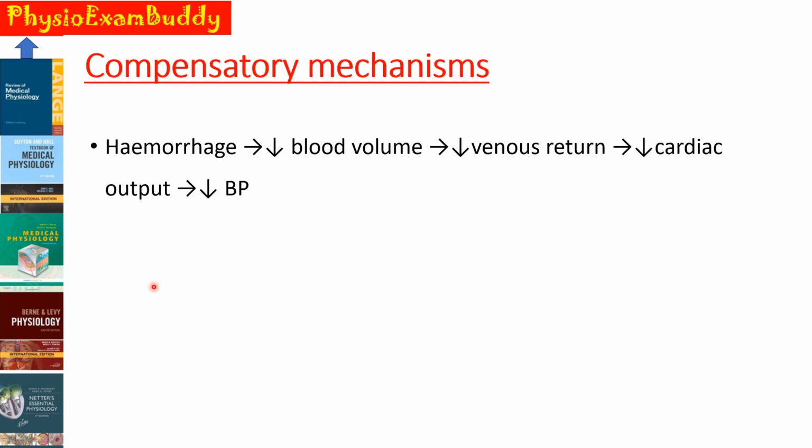Now we will see what are the compensatory mechanisms in the hypovolemic or hemorrhagic shock. The basic problem in hypovolemic or hemorrhagic shock is the hemorrhage, which causes a decline in the blood volume, which decreases the venous return and causes the cardiac output to fall, and this leads to hypotension.